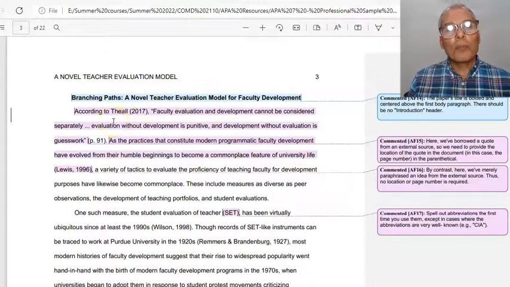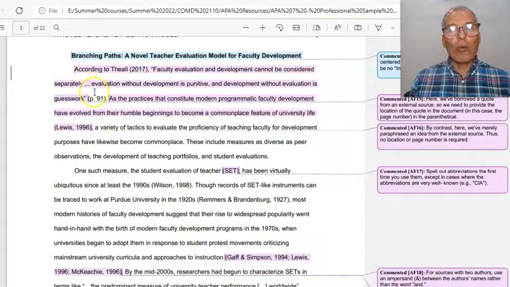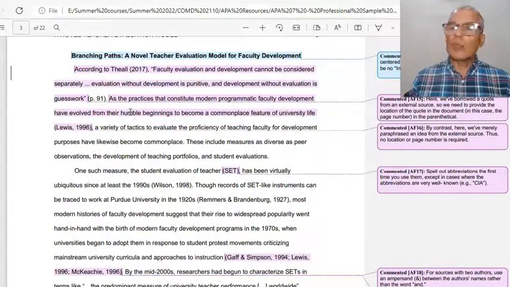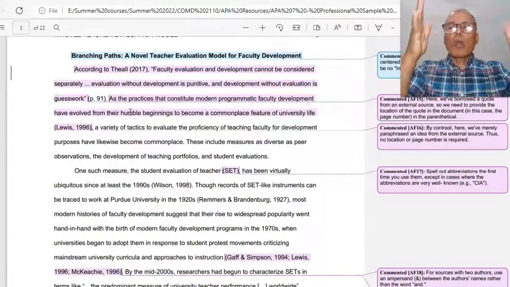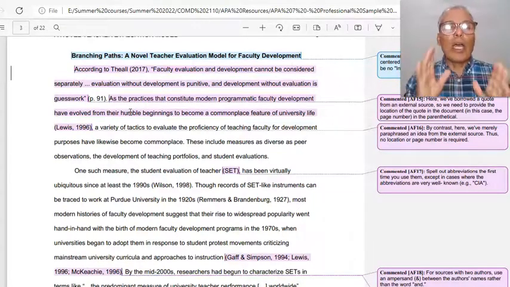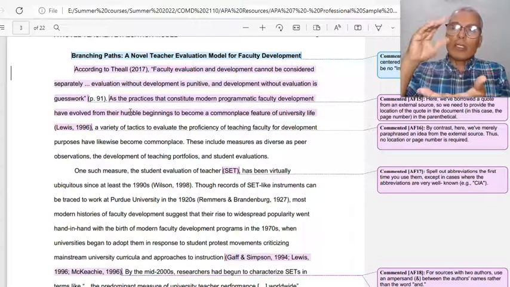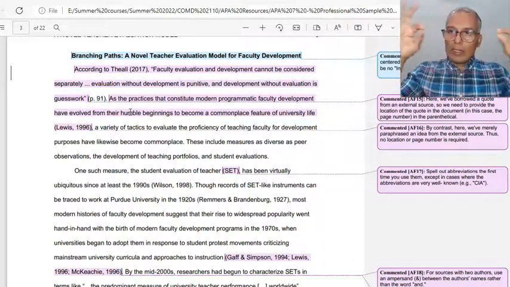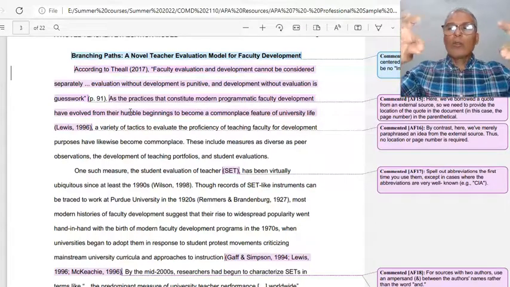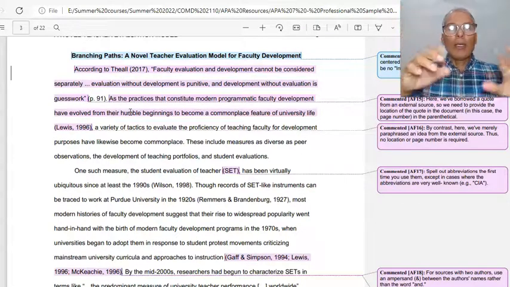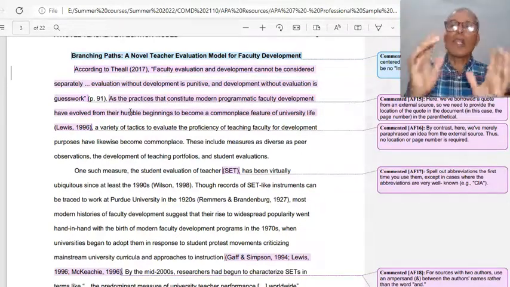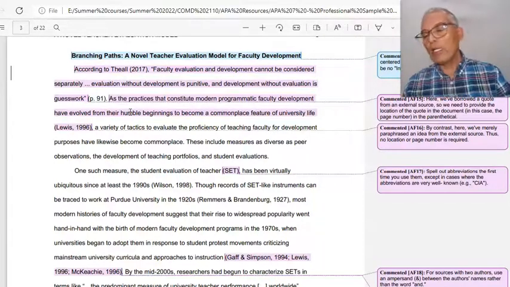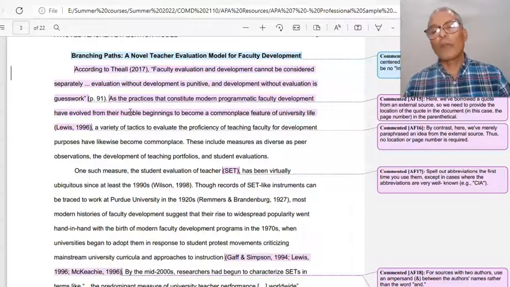Now, you see, writing has to be in paragraphs. Please do not write papers that are just blocks and blocks and blocks of text. A paragraph discusses one idea. One sentence is made to reflect one idea. The paragraph discusses a main idea. A paragraph can be maybe 8 sentences, 5 sentences, 12 sentences.